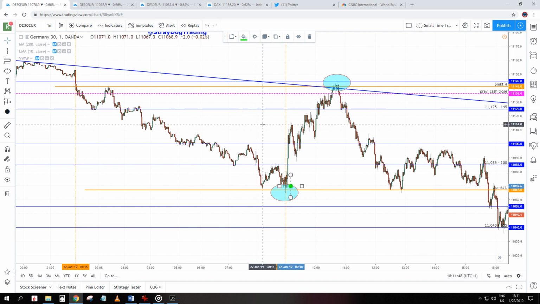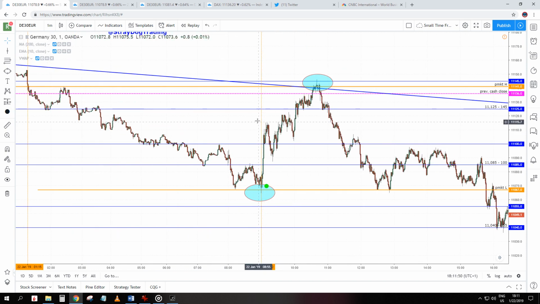So you could enter here, but for this entry you should be very quick and decisive to go long, because we know that the market made a breakout, and the traders who missed that would of course like to join the party and buy the first pullback to some decent zones.